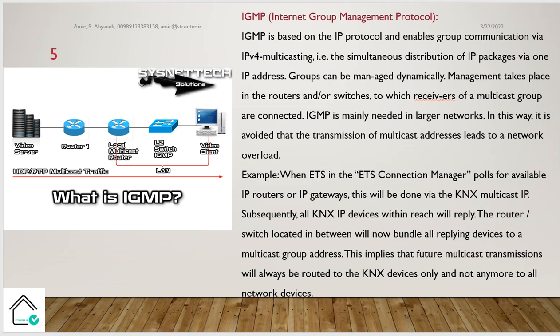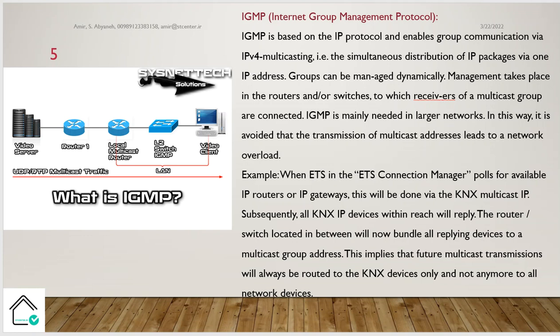But we have an example of IGMP in KNX. When the ETS Connection Manager polls for available IP routers or IP gateways, this is done via the KNX multicast IP. Subsequently, all KNX IP devices within reach will reply.